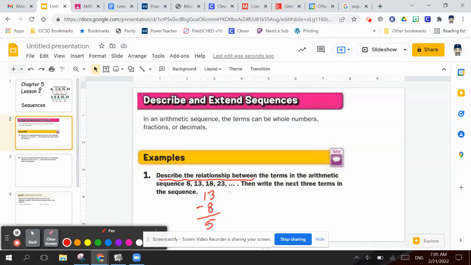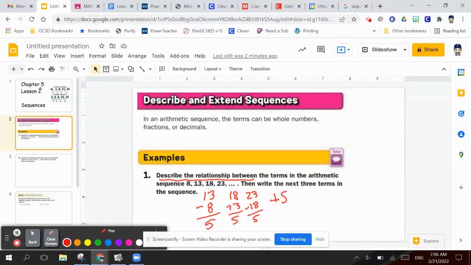I go to the next 2. I take 18 minus 13, and in this case I get 5. And then 23 minus 18, I get 5. So I know I am counting by 5. So my numbers are getting larger. So the relationship is add 5.